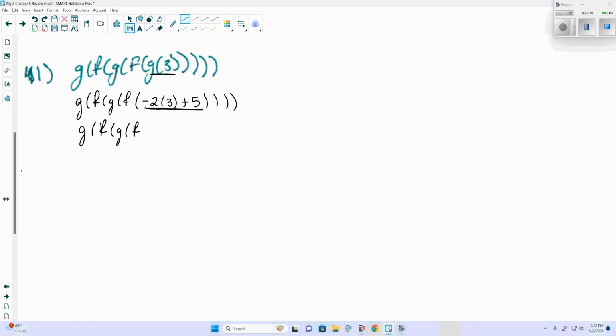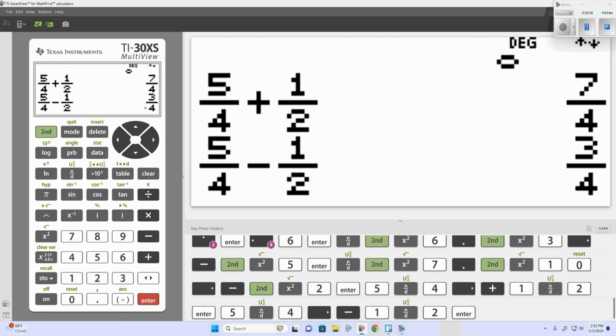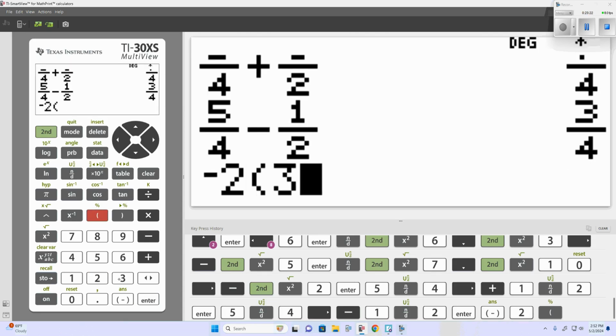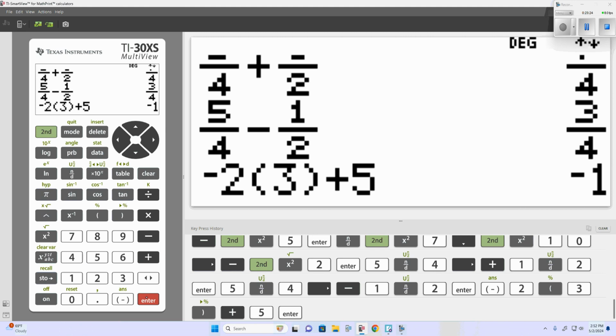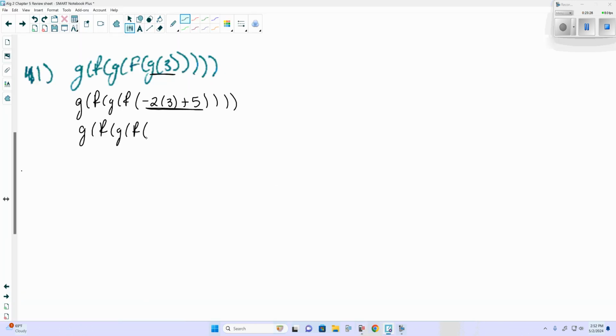Now that we plug that in, we can simplify: negative 2 times 3 plus 5. Negative 2 times 3 plus 5 is negative 1. So we plug the 3 into g of x and simplify.